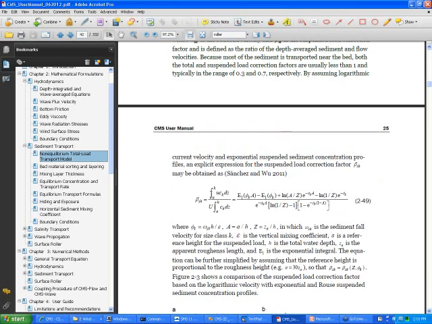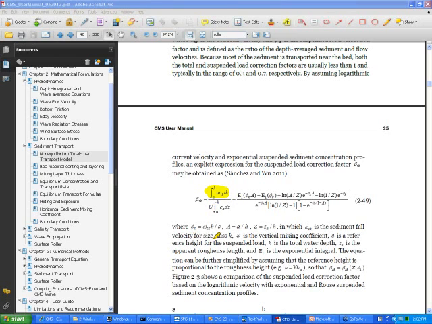Our definition of the depth average concentration is this equation here divided by the depth average velocity. As you can see, the depth average concentration as defined in CMS is weighted by the current velocity, and not everybody defines it this way.